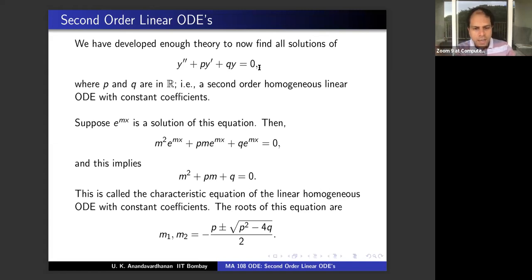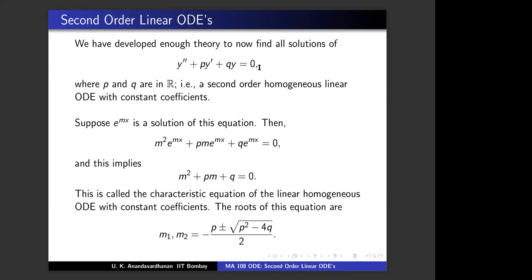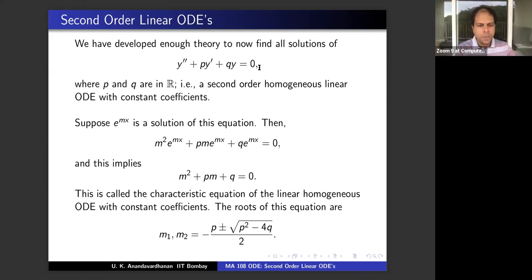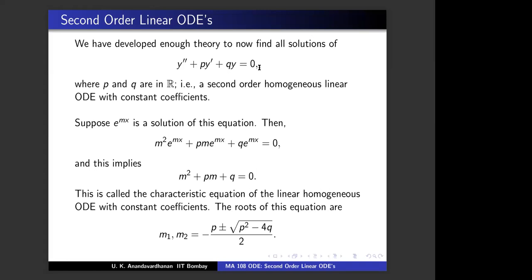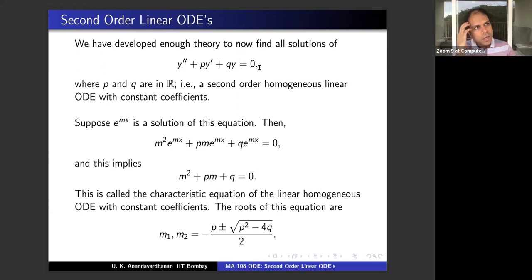And what are the three cases now that we will analyze? Real distinct roots, case 1, real equal, case 2, and then complex and its conjugate. Can the two genuinely complex roots be equal? Or should we analyze equal complex roots and distinct complex roots?